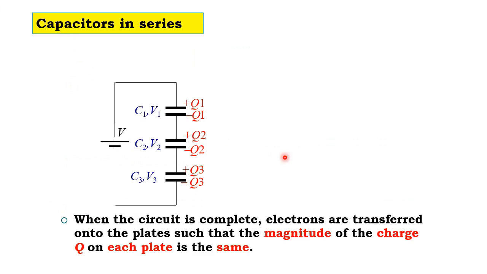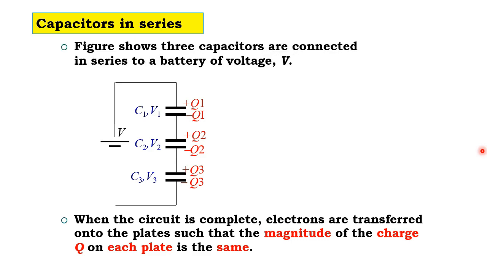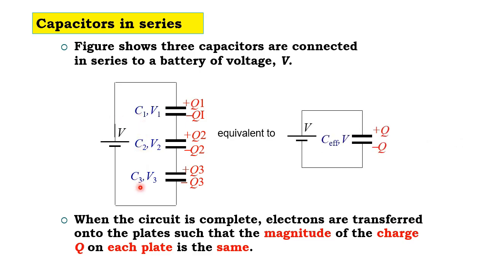Here is the arrangement of capacitors in series. If you look at this circuit, we have C1, C2, and C3. We can add all of them, C1, C2, and C3, and it becomes C effective.